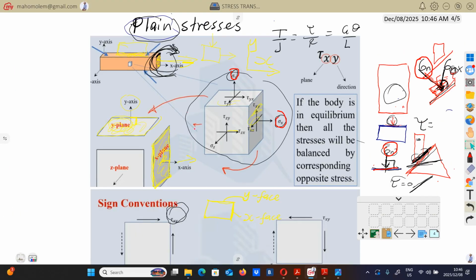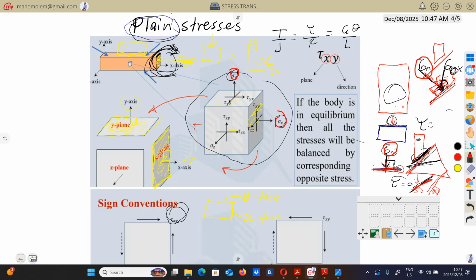Let me go back to this. Normally, in general, what we're going to do here, we're going to have the plane being horizontal like this. And then we find the normal stress and the shear stress at this plane. Then from there, you change the plane from here to here. Then you find the normal stress and the shear stress. You change the plane from here to this, from 0 degrees to 5 degrees to maybe 40 degrees.